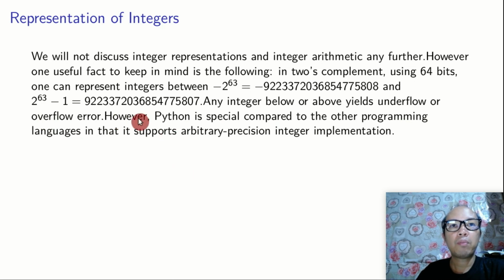But anyway, in Python, the best thing about Python is that it can support arbitrary precision integer implementation, meaning even if it is bigger than this number, there is an algorithm on how to accommodate those numbers which is beyond 2 to the 63 and also beyond negative 2 to the 63. It depends upon the programmer if he is able to extend more.